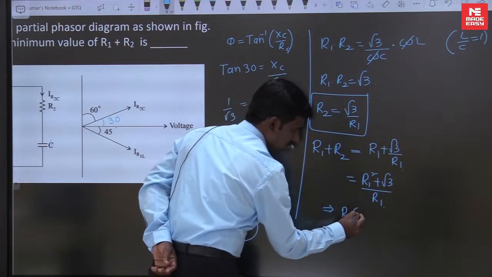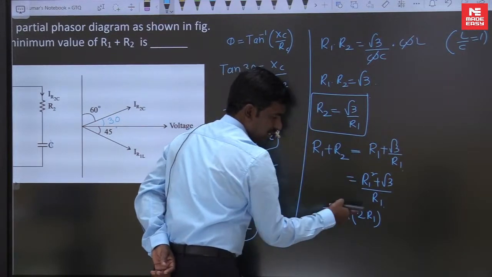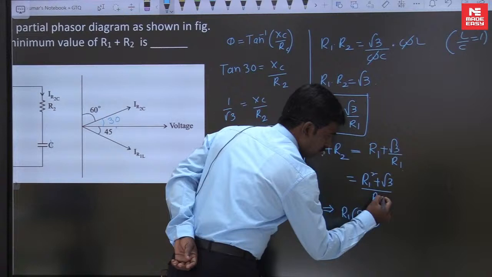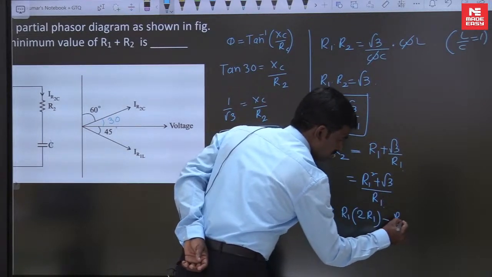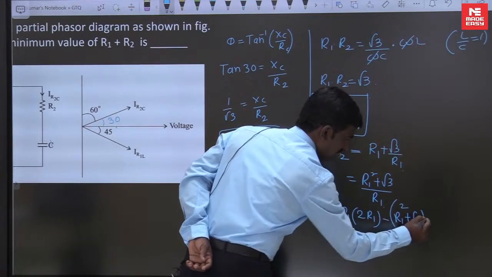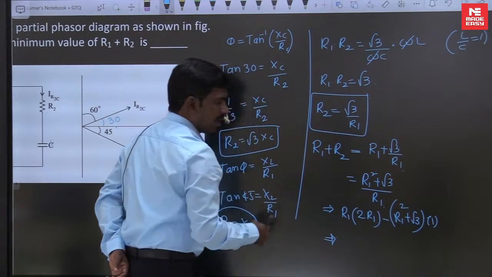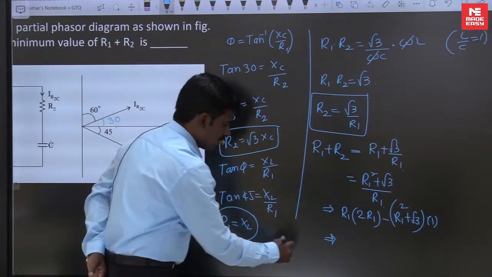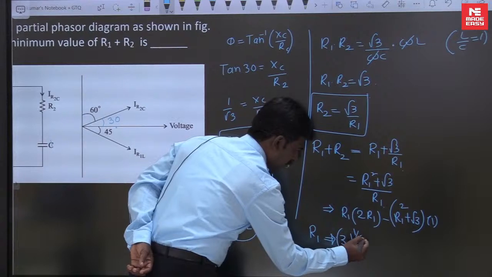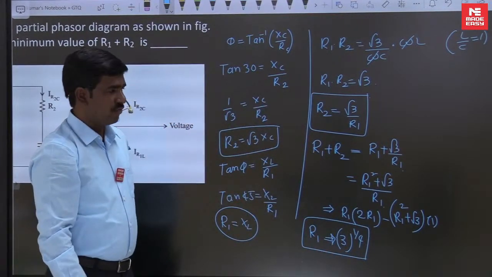Differentiating, 2 R1 into U dash minus U into R1 dash, which is 1. From this you get R1 is equal to 3 to the power of 1 by 4.